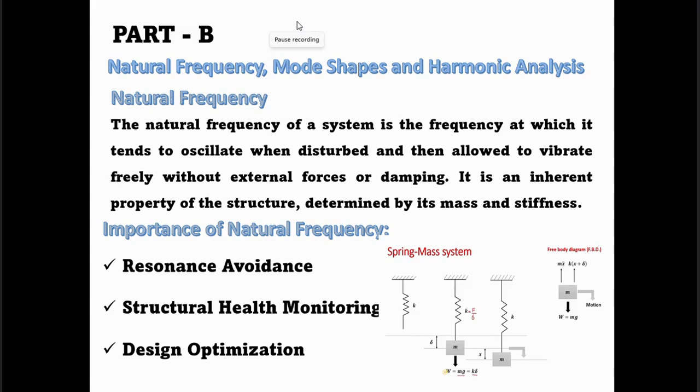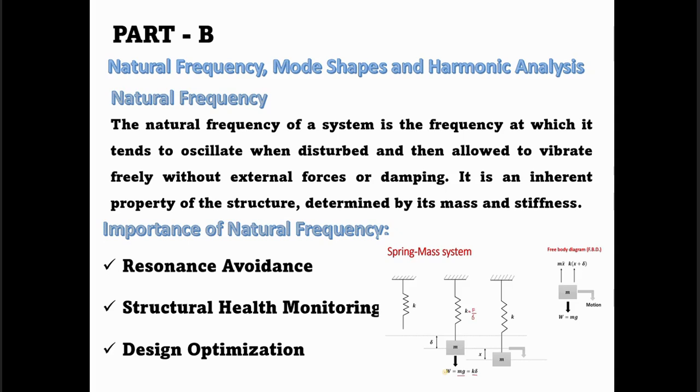At the time of resonance, you can expect large amplitude oscillations and definitely a potential structural failure will happen. That is what resonance means. That is why it is very important to find the natural frequency; the excitation frequency and the natural frequency should be far away from each other. The second importance is structural health monitoring.